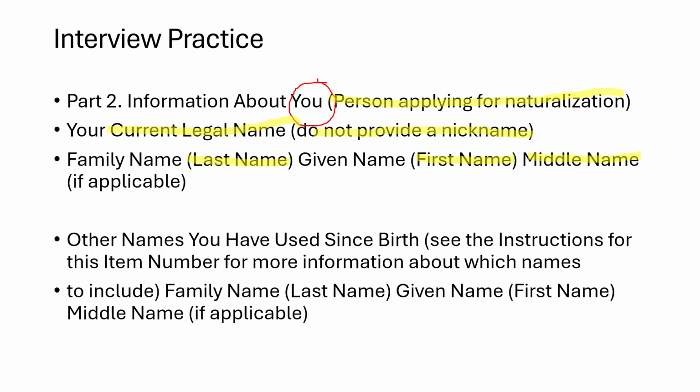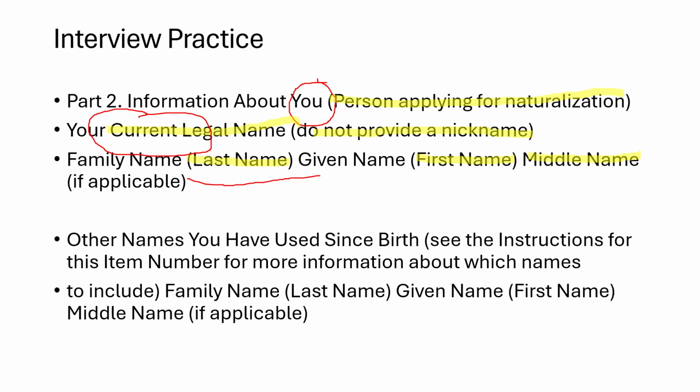Sometimes a person has been married and divorced, and they might have changed the last name that they used. If that's the case, then you want to put what your current legal name is. If you were using one name on all your legal documents while you were married and you got divorced and the judge didn't change it, then it's the same.